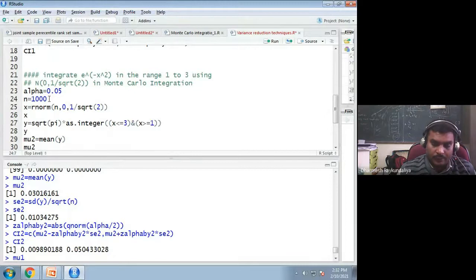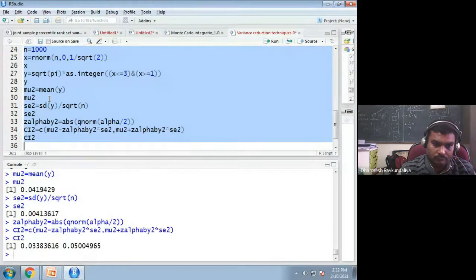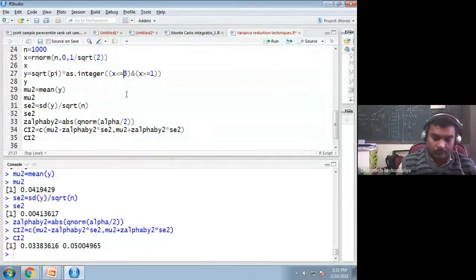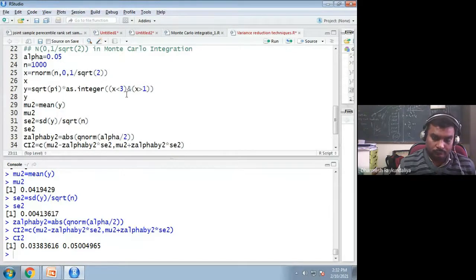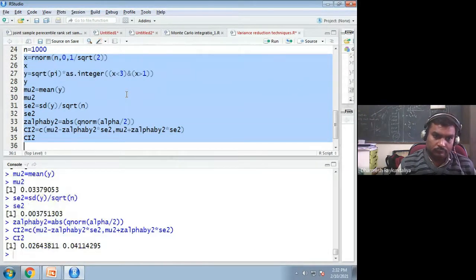I was trying generating the 1000. What happened? It is very low. Because I'm not adding equality sign. What happened? It has no connection.